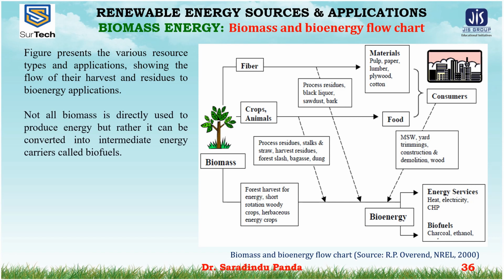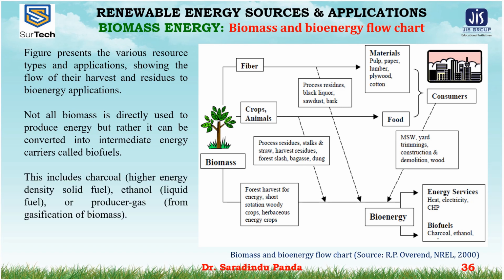Not all biomass is directly used to produce the energy, but rather it can be converted into intermediate energy carriers called biofuels. This includes charcoal, the higher energy density solid fuel, ethanol, the liquid fuel, or the producer gas from the gasification of the biomass.